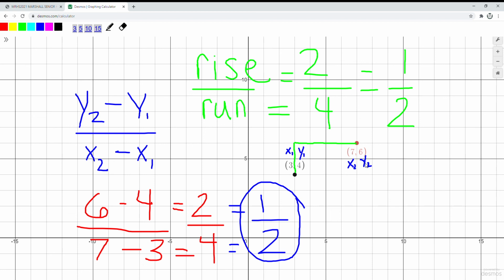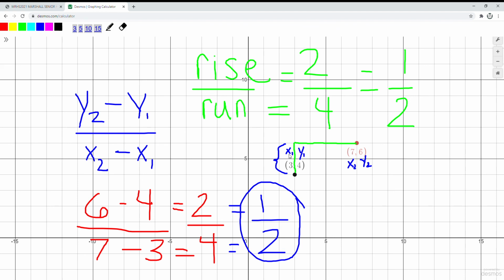The reason both of these methods work is we're looking for how much does it have to move horizontally and how much does it have to move vertically. Like, let's think about this. What we're asking ourselves is how far does this point have to travel up or down in the y direction to get from where it started to where it ended. We're looking for that amount of space as our numerator.